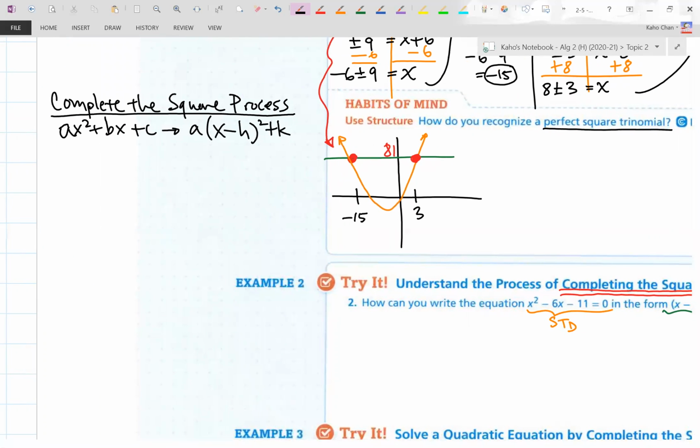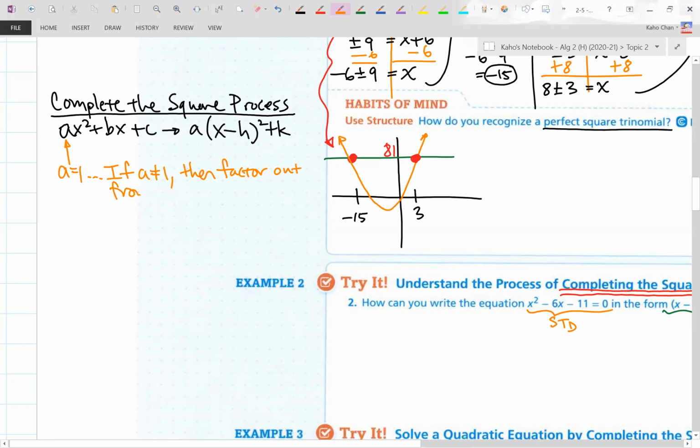All right, now step 1. Check to see if a is 1. A must equal 1 in order for this to work. If it isn't 1, then factor out from ax squared plus bx. You factor a from those two terms.